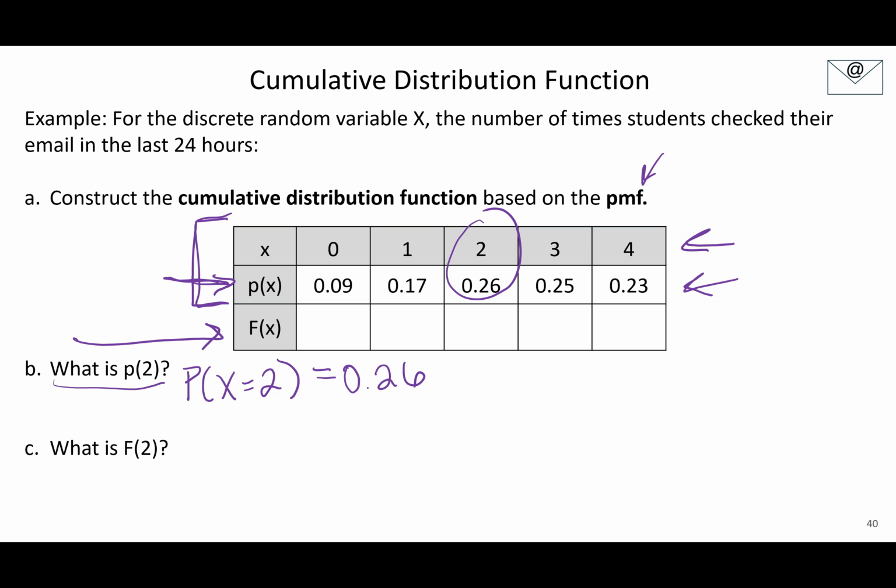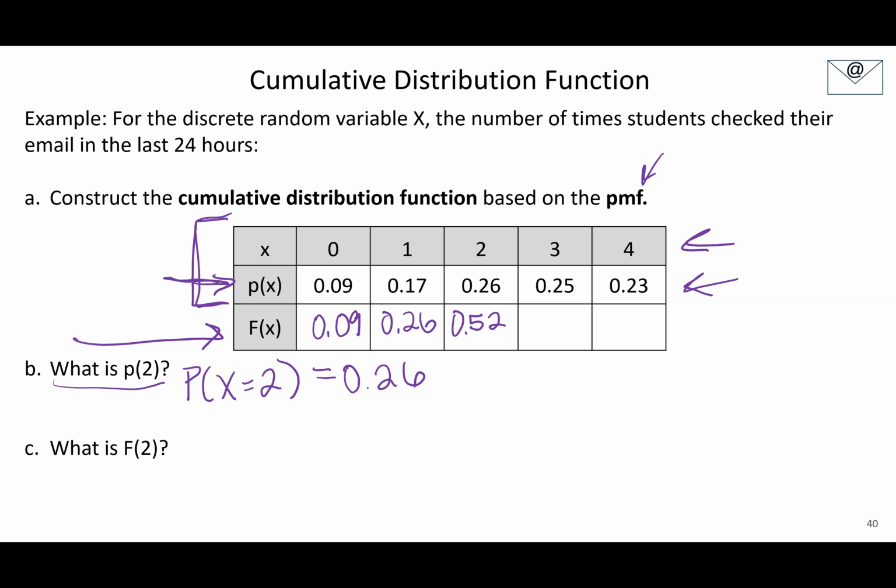Versus now if I start talking about the CDF, I'm going to fill in these values first. My CDF at 0, the only thing I've seen is 0, so 0.09. My CDF at 1, I now need to add these two, 0.09 plus 0.17, so 0.26. My CDF at 2, I now need to add 0.09 plus 0.17 plus 0.26, so I should get 0.52.